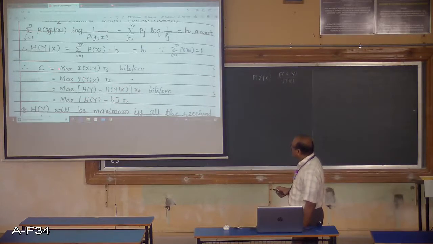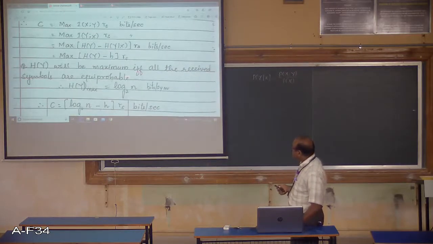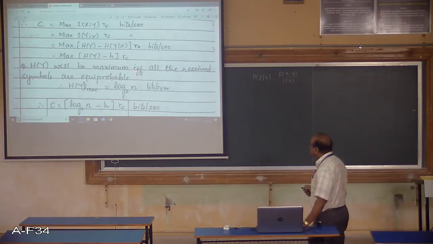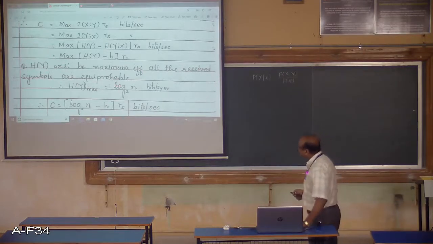So the channel capacity of a unit symmetric or uniform channel is the maximum value of H of Y minus the entropy of one particular row of the channel matrix. When will H of Y be maximum? H of Y will be maximum if all the received symbols are equiprobable.